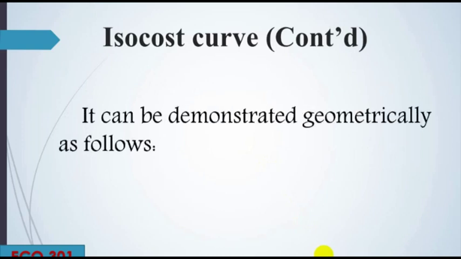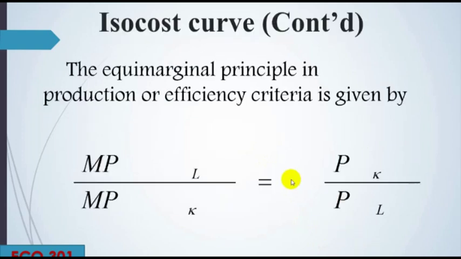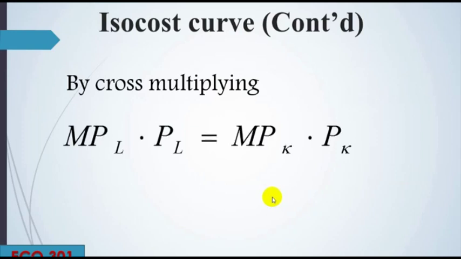The equimarginal principle in production, or efficiency criteria, is given by MPL/MPK = PL/PK. By cross-multiplying, MPL/PL = MPK/PK. For n inputs: 1.